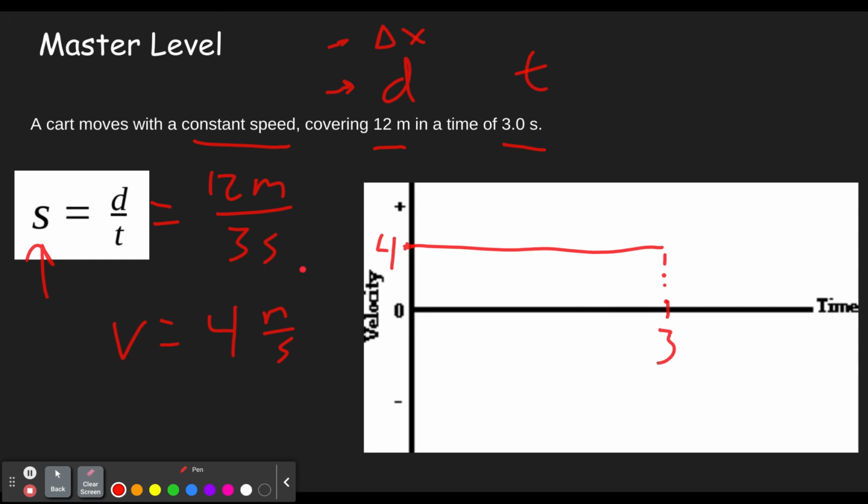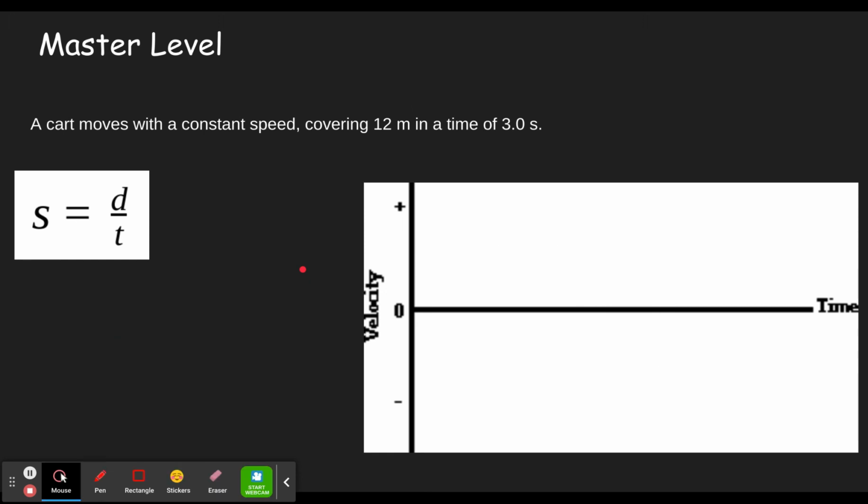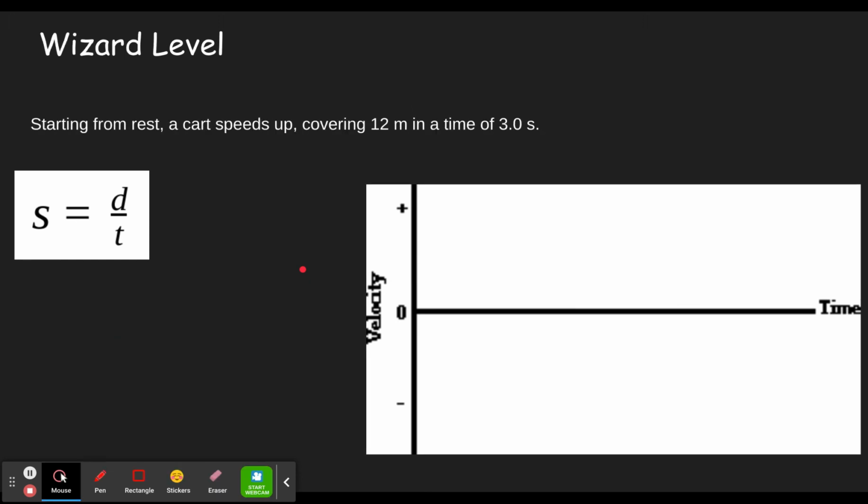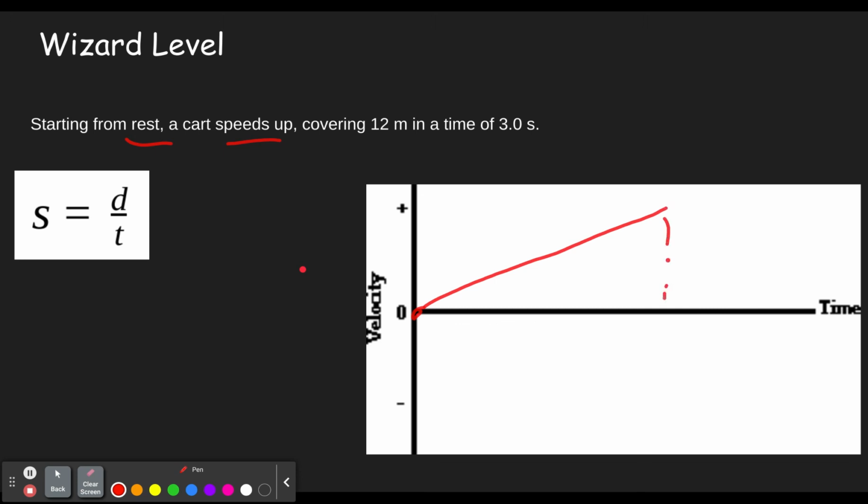All right. The next one is, well, that covers the master level. And now the wizard level has problems like this. Okay. So here we have starting from rest. So we're starting at 0. We're going to speed up again. So we know we're going to speed up, and we know it's going to be for a time of 3 seconds.